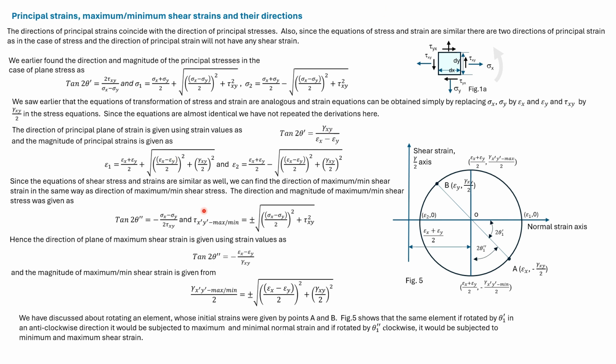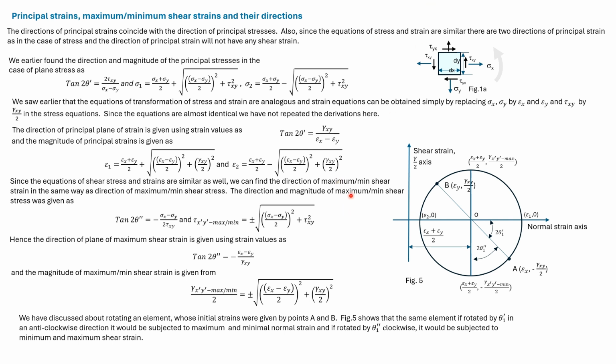Also, the equations of direction of maximum and minimum shear stress and magnitude of maximum and minimum shear stress are obtained from the equations of transformation of stress. The equations of transformation of strain being similar, the equations of direction and magnitude of maximum and minimum shear strain are similar to those of stress.